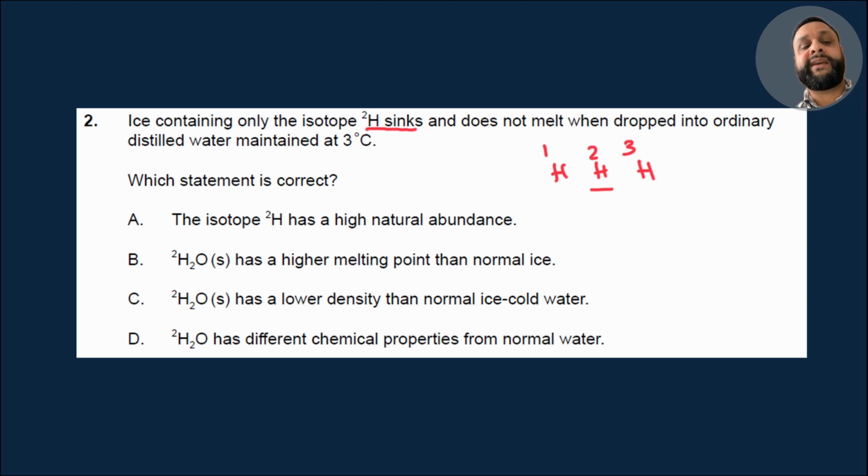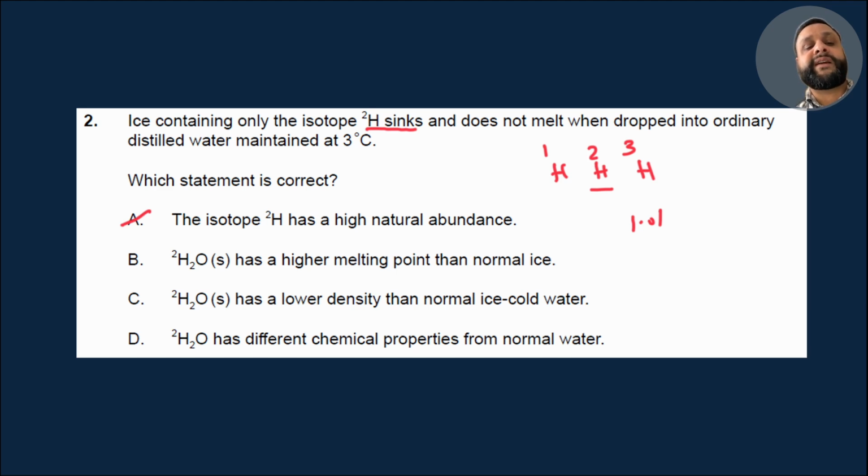Go through these statements. A. The isotope H2 has a higher natural abundance. Now that is wrong. If we look at the Ar of hydrogen in the periodic table, which is 1.01, if H2 has a higher abundance, then the Ar should be close towards 2, not 1.